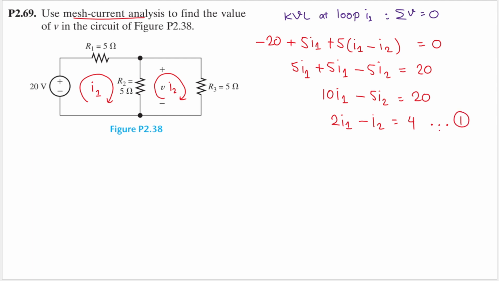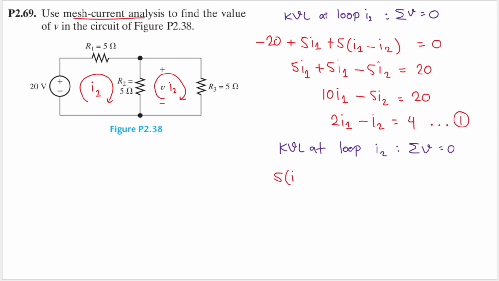Okay, now let's do another KVL, but this time at I2. Again, KVL says that the sum of the voltages in a loop will equal 0. Okay, let's start from this R2 here, the 5 ohm resistor. So we'll have 5, but this time we multiply it by I2 first because we are working on loop I2.